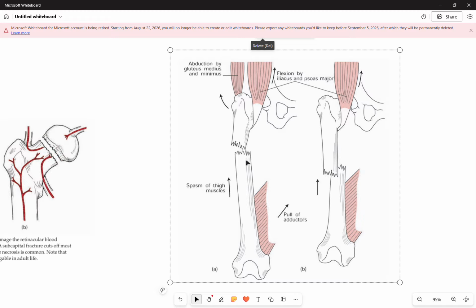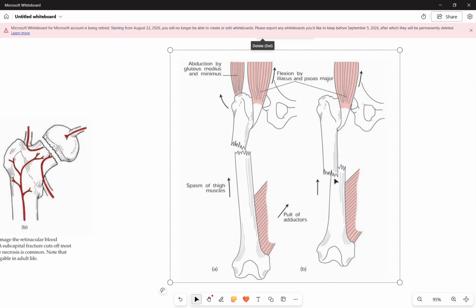Then the distal half of the shaft which is fractured, there is pull of adductors, so it will go medially. And because of the spasm of the muscles, the two ends can ride over each other. So whenever a fracture of the mid shaft or proximal shaft happens, you get two segments, one which is proximal and one which is distal, and each one is acting differently.